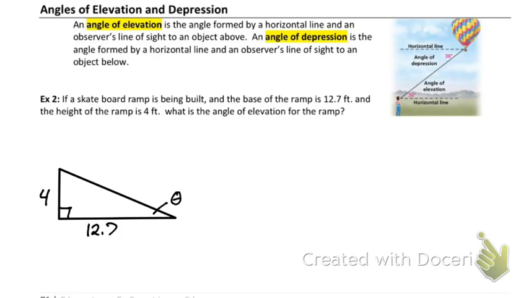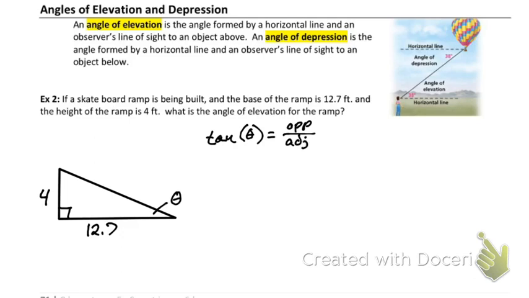All right, so once again, we look at the angle, and then we look at the sides that were given to us. Our angle here, they give us an adjacent and an opposite. So we're going to use tangent, because tangent of an angle is going to equal opposite over adjacent.